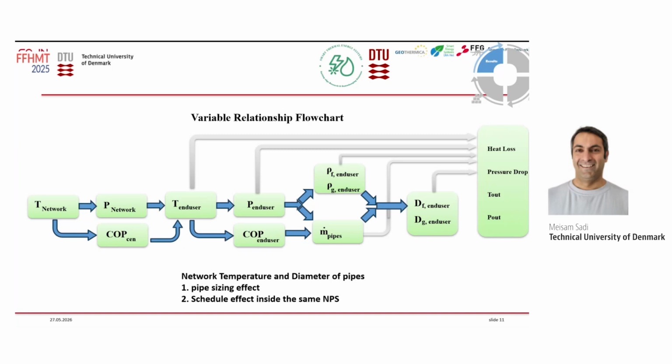These jumps between the standard pipe sizes and schedules could impact the flow area, the pressure drop, and the amount of energy that we consume, and that is the reason the system responds non-monotonically with the temperature.